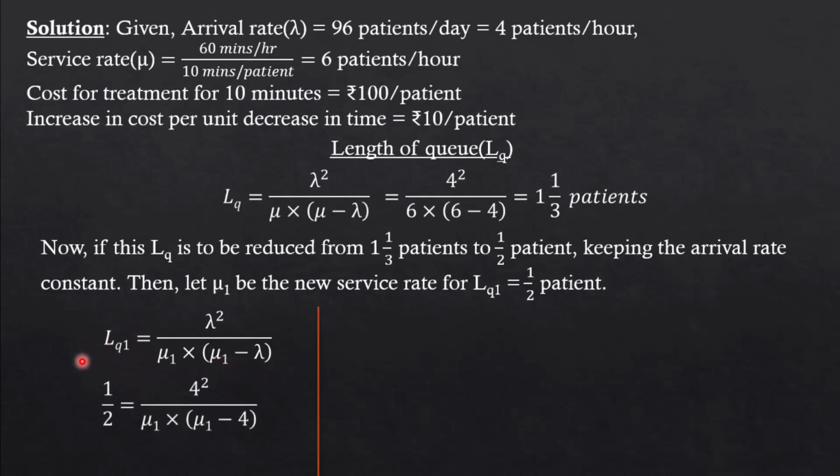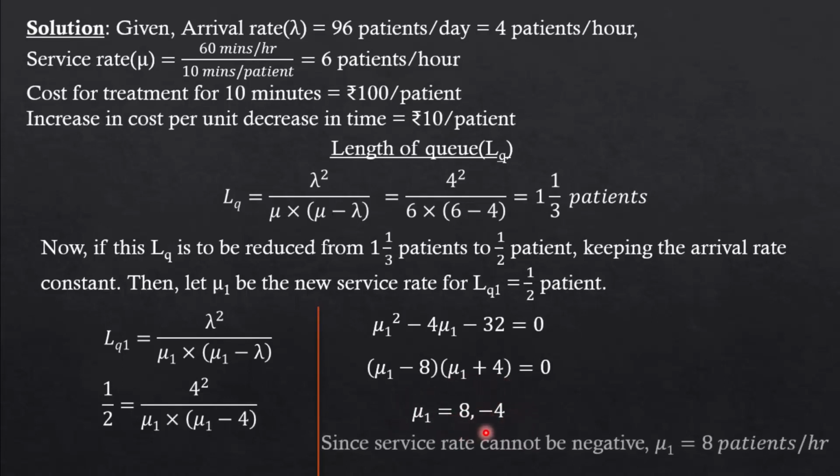So let us put the value of LQ1 as 1 by 2 and lambda equal to 4 and find the corresponding value of mu1. After solving this, we'll get a quadratic equation, and when we solve it, we'll get the value of mu1 as 8 and minus 4. Now we know that the service rate cannot be negative, so we will ignore the value of minus 4, and finally the value of mu1 will be 8 patients per hour.